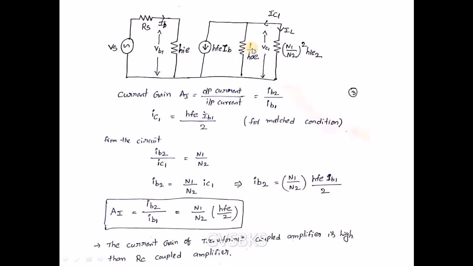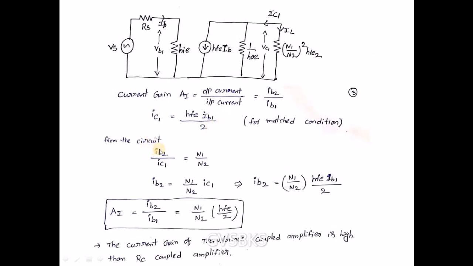That's why we assume 1 by hoe is equal to (N1 by N2) whole square into hie2. So at this node, the current hfe IB will be divided equally into both loads. That's why the IC1 current is equal to the total current hfe IB1 divided by 2.